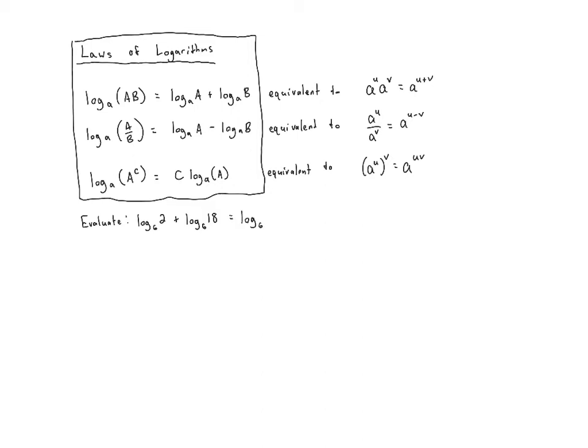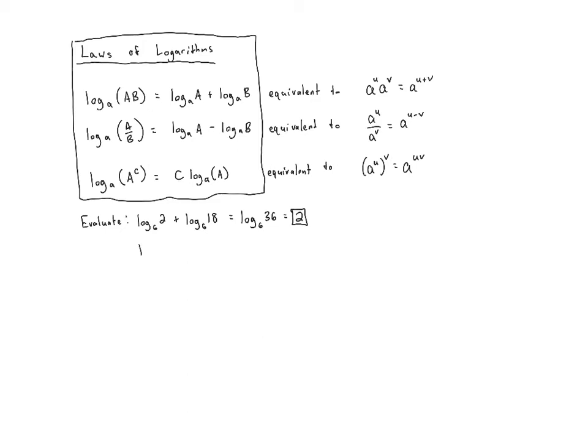So this will be log base 6 of 2 times 18, which is 36. And now we have a logarithm that we can evaluate. What power do we raise 6 to get 36? Well, 36 is 6 squared, so the answer here is 2. This is one situation where using a law of logarithms allowed us to easily evaluate something that we could not have done in our heads.